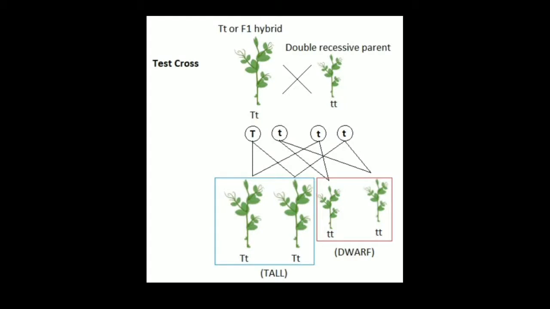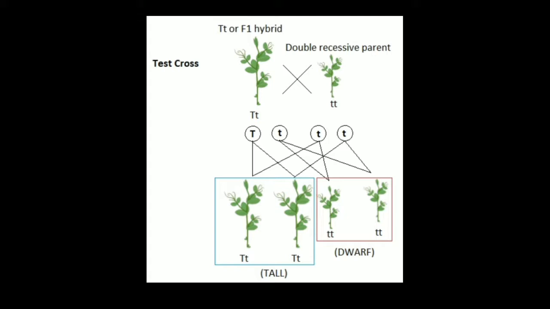Here we can see that the heterozygous plant of the F1 generation is crossed with the homozygous recessive of a parental plant. So this is also a backcross because the offspring generation plant is crossing with the parental generation plant. Now let's suppose we have to test the genotype of this particular plant.